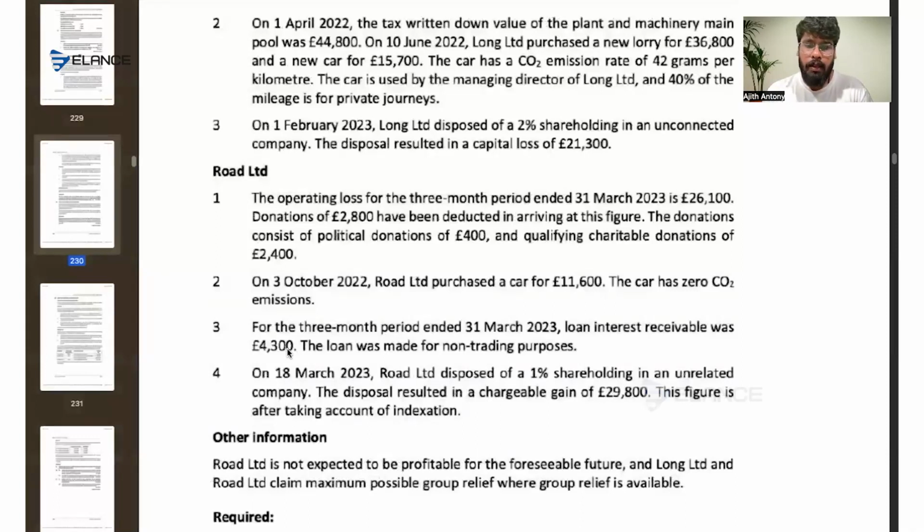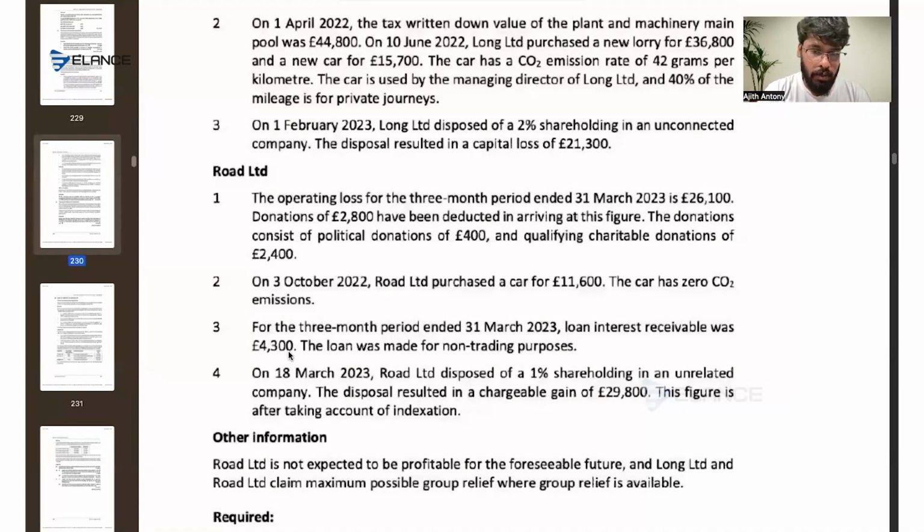Okay. So look at the third adjustment. For the 3-month period ended 31st March 2023, loan interest receivable was 4,300. The loan was made for non-trading purposes. So it's a non-trading related interest income. Rod Limited is getting some amount as interest income.